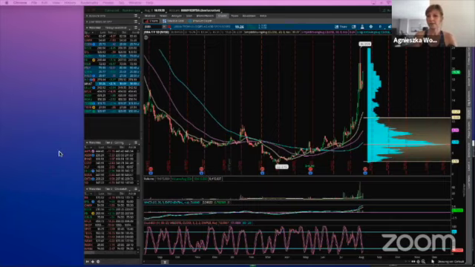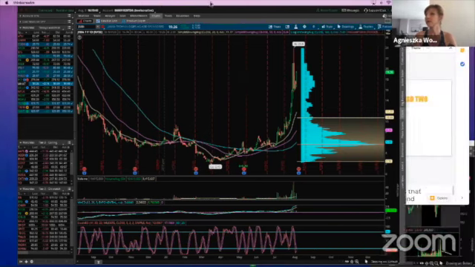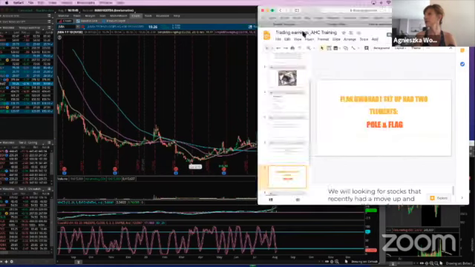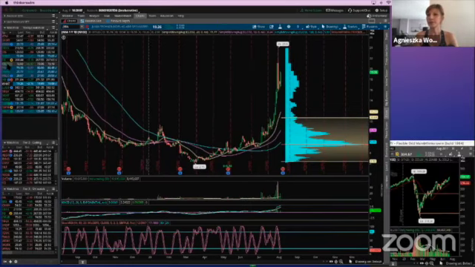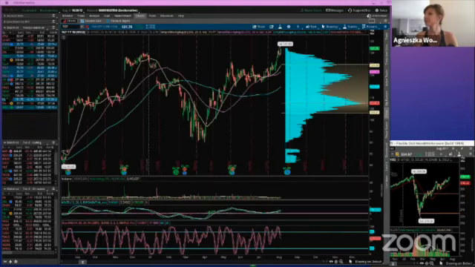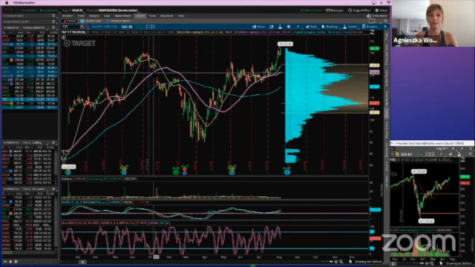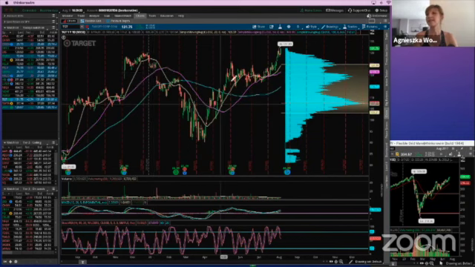I think you should be seeing my screen now with the Thinkorswim platform. I'm going to show you Roku, because Roku is a fantastic example of flag breakouts. This is a daily chart.